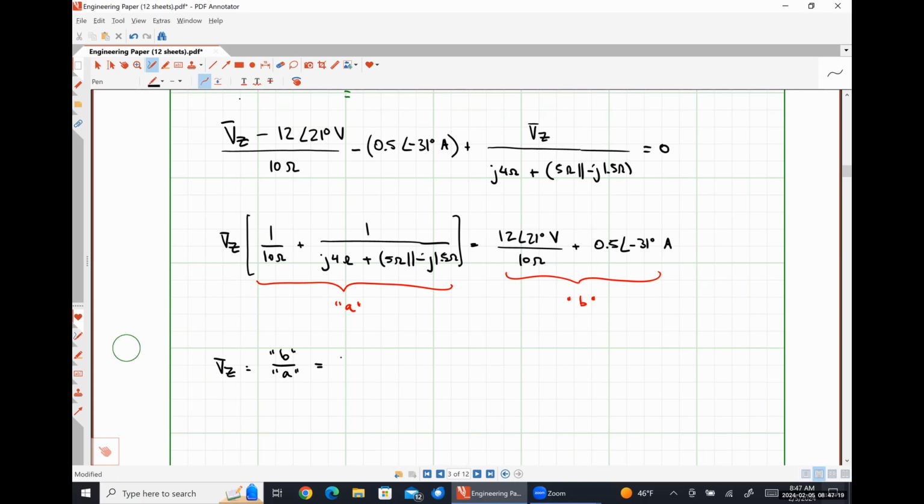So when I did this, I got 3.855 angle 73.271 degrees volts. Storing that as C, just as a note here.